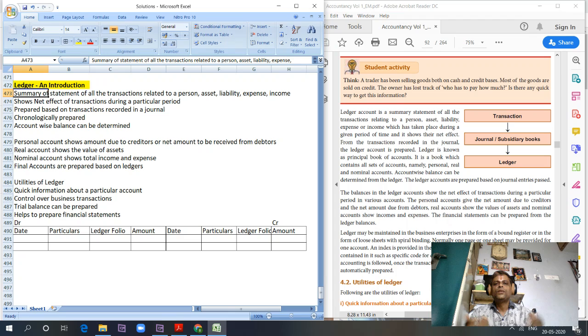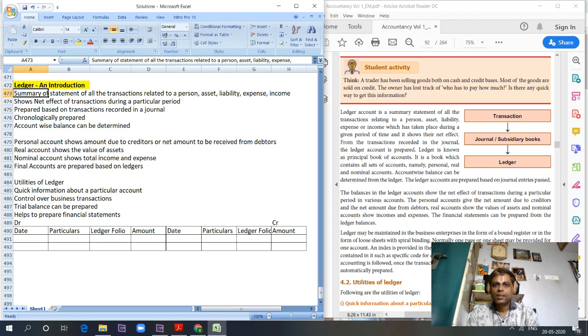The summary of all the journal entries has to be posted into the ledgers. Ledgers are basically the summary statement of all transactions that have happened in the company over a particular period of time. By summarizing the transactions, what is the advantage?